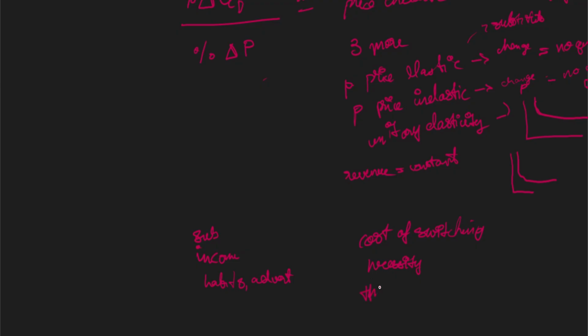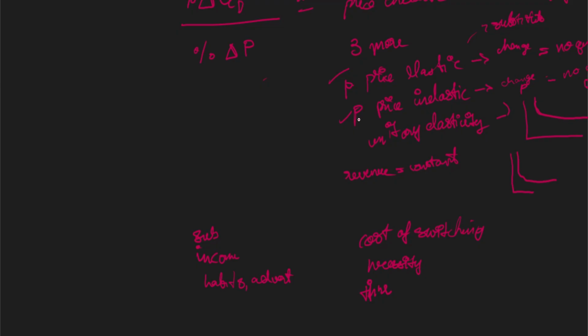How time affects price elasticity is basically that people need time to change their habits. So in a shorter period of time, things tend to be price inelastic, but the longer your time period is, the more price elastic things tend to be.